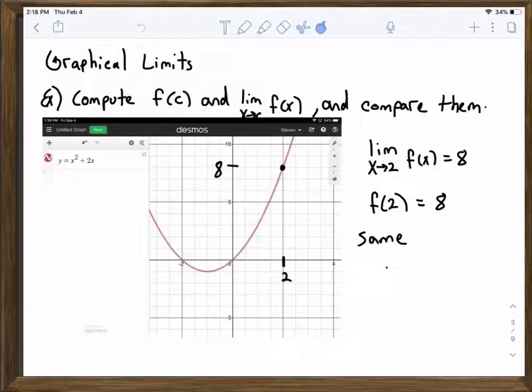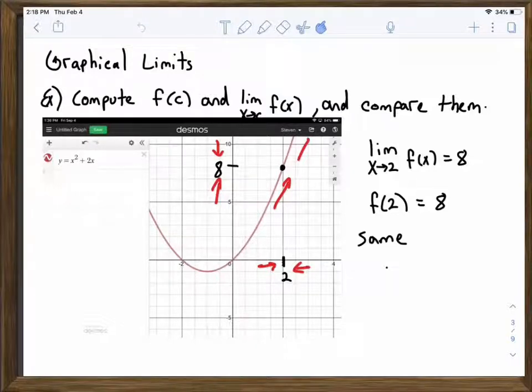And now as I look at this graph here, I want to consider what happens as x approaches the number that I've marked here, 2. And you can see on the graph here that as I squeeze in towards 2, the y value is squeezing in towards 8. So the limit as x approaches 2 here would actually just be 8.